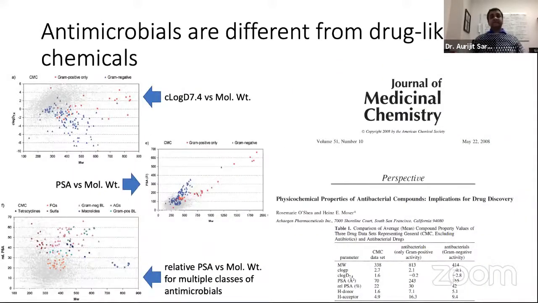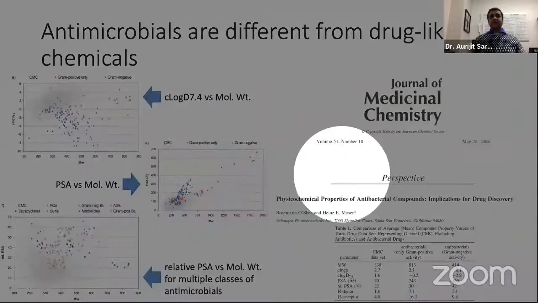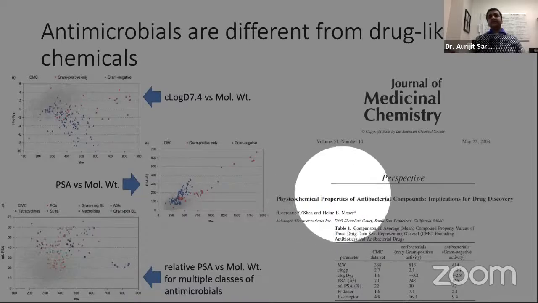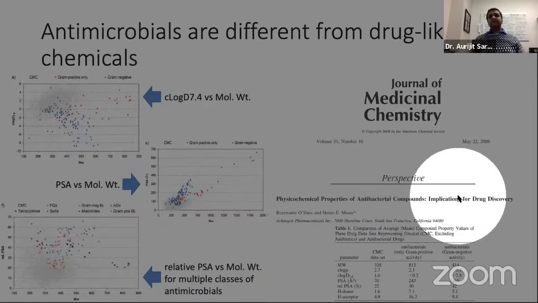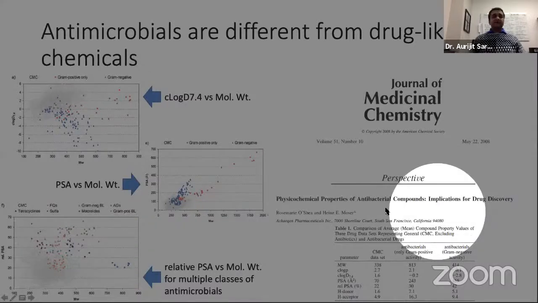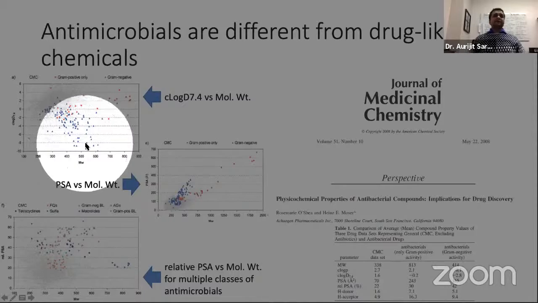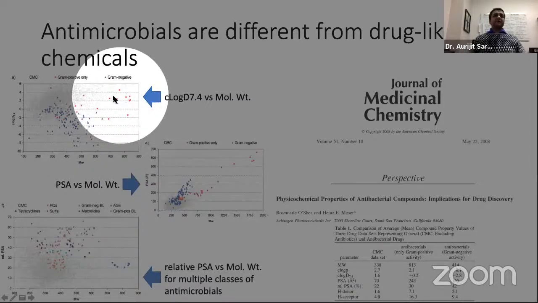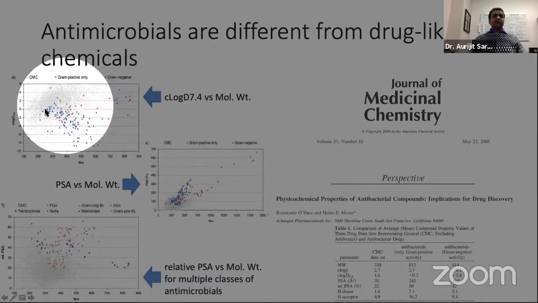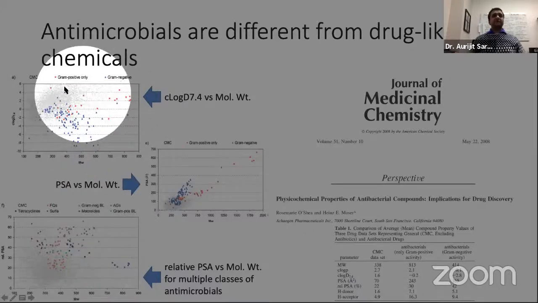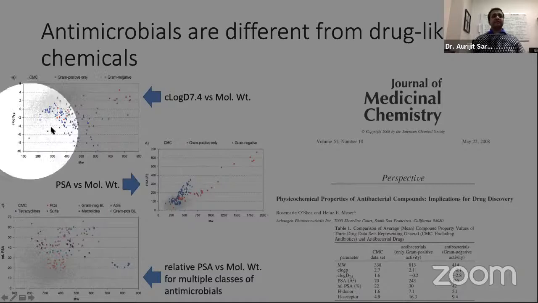This was confirmed by one of my all-time favorite publications by O'Shea and Mosier in Journal of Medicinal Chemistry, entitled Physicochemical Properties of Antibacterial Compounds, Implications for Drug Discovery. Again, they demonstrated in a much more comprehensive manner that the properties of antimicrobials, which are the blue and red dots over here, only partially overlap with these gray dots, which are the typical drug-like chemicals. There's only a partial overlap.